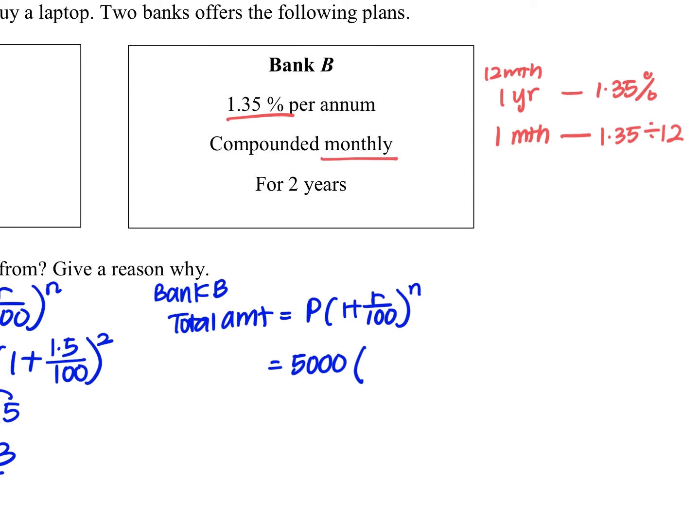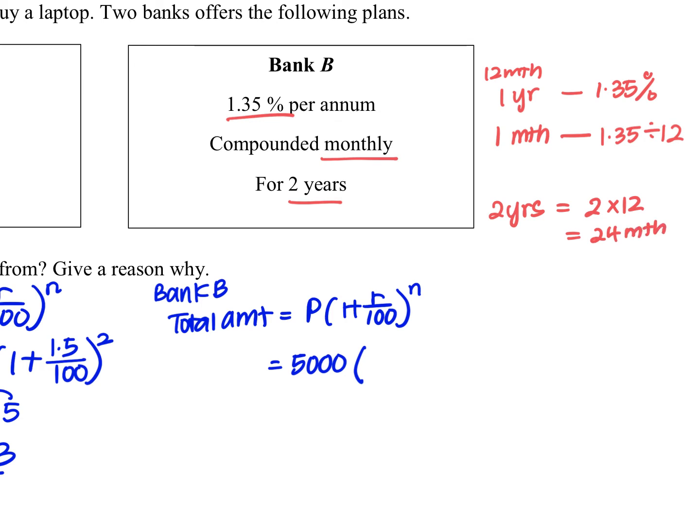Okay, and next, this question says for 2 years. 2 years will be equivalent to how many months? 1 year has 12 months, so 2 years will have 2 times 12, which is 24 months.